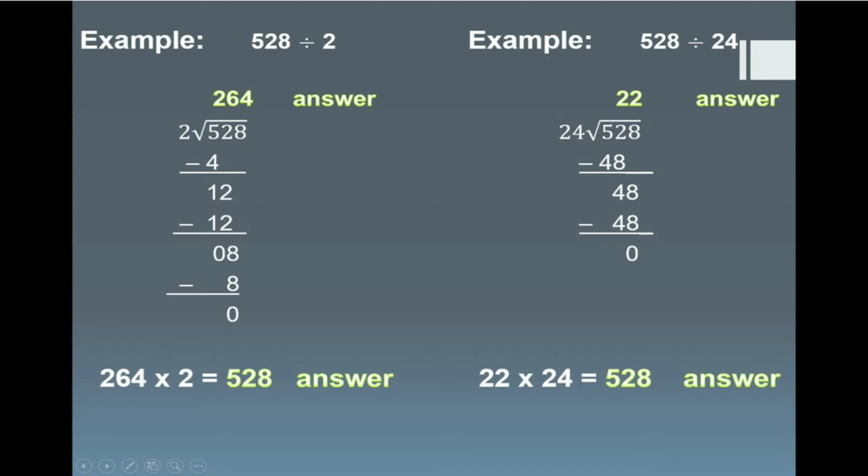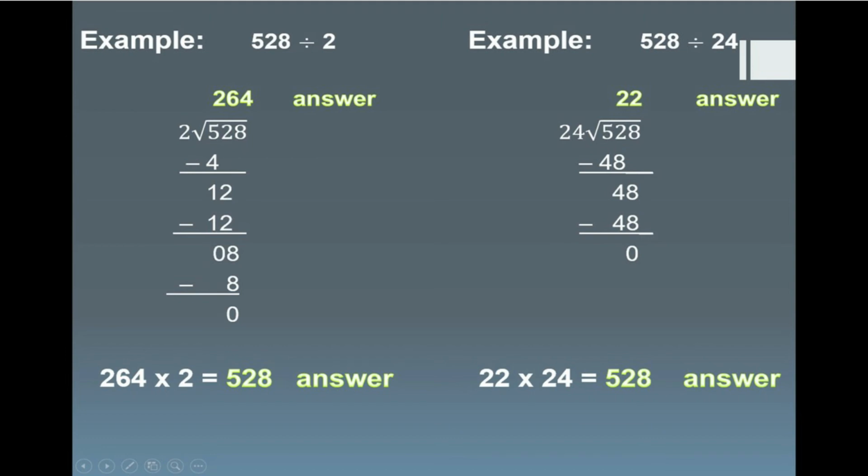but 2 new divisors. In this problem, we could start by asking how many 24's will fit into 5. But since our divisor now has 2 digits, we already know that no 1-digit chunk of the dividend will be big enough for the 24 to divide into.